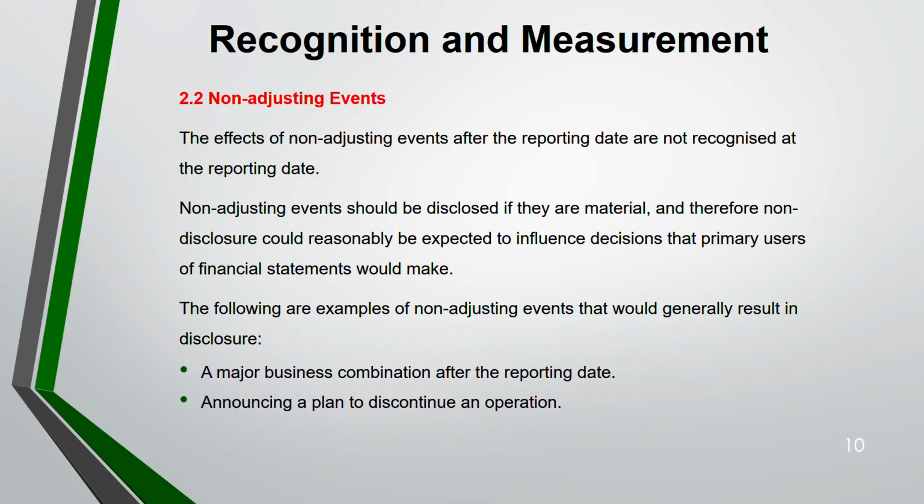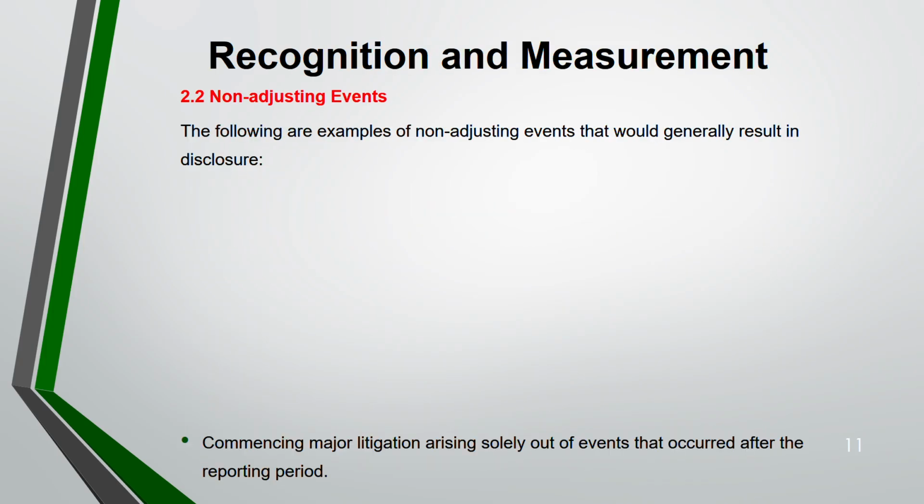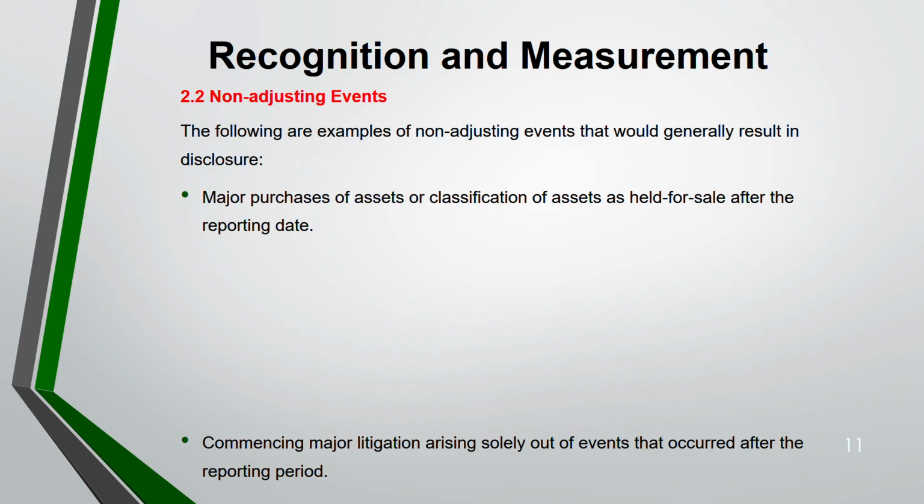Next, when you're planning to discontinue an operation, non-adjusting. Destruction of a major production plant by a fire. Announcing or implementing a major restructuring. All these are non-adjusting events. Then we have some more on the list. Major purchase of assets or classification of assets as held for sale after the reporting date.